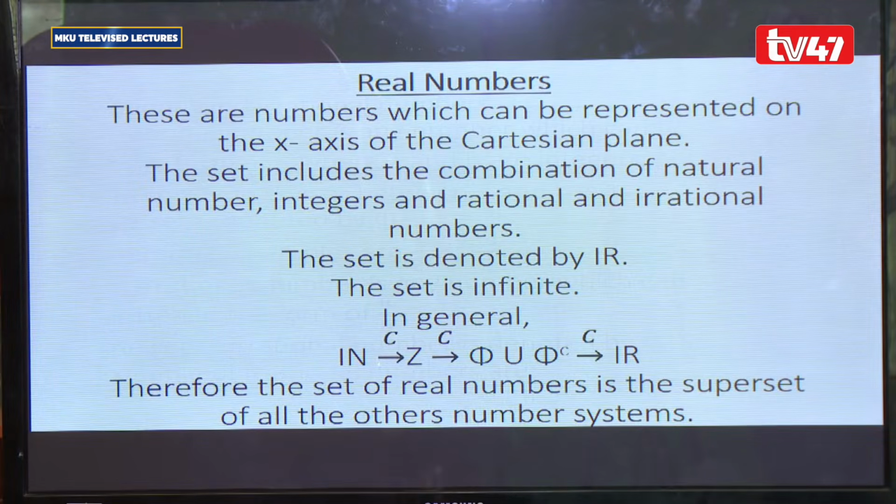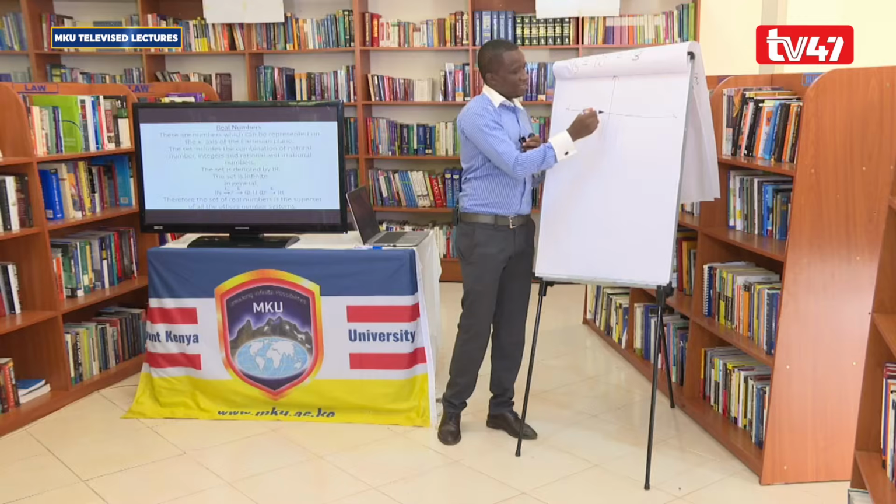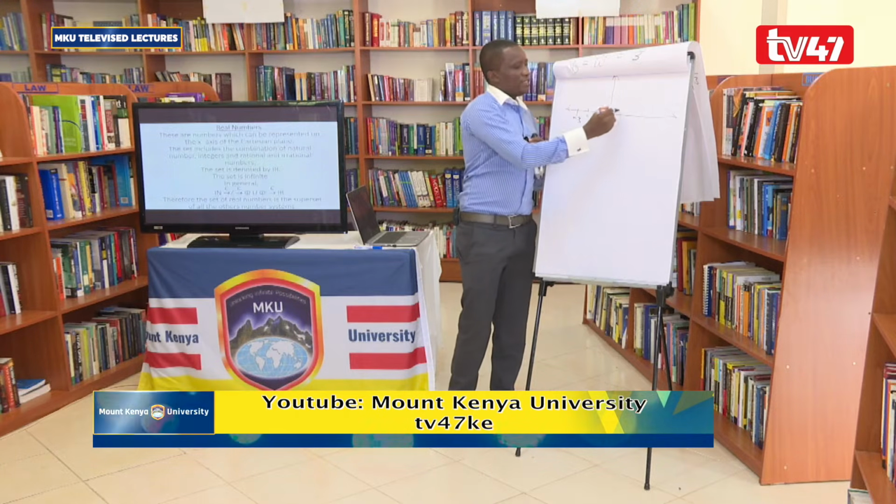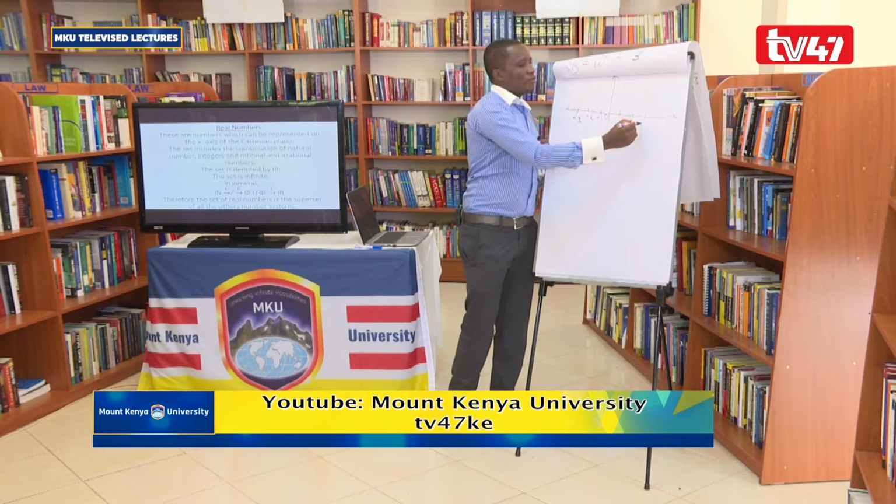Now, let's look at real numbers. Real numbers are numbers that can be represented on the x-axis of the Cartesian plane. If you have a Cartesian plane, on the x-axis this is the point 0, this side takes negative numbers, and this side takes positive numbers.